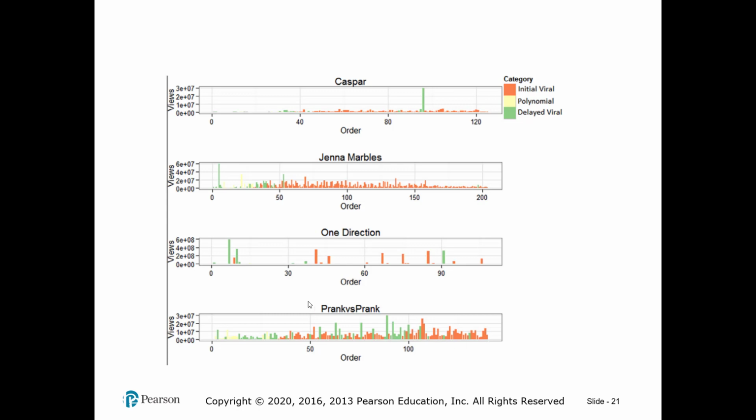So it's interesting, some of the channels start off with a lot of these delayed virals, and as they build their audience, they get more of the negative exponential. But they still have a few videos that have viral takeoff as we get further through, which would help them build the audience.